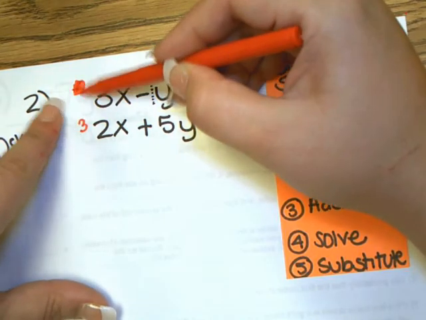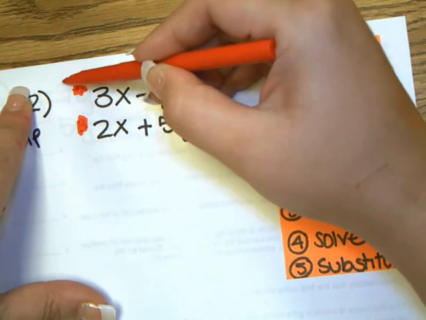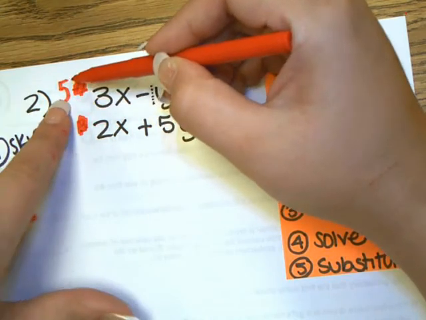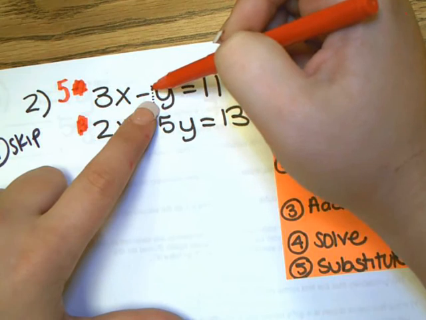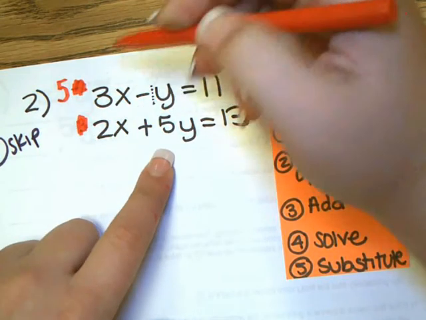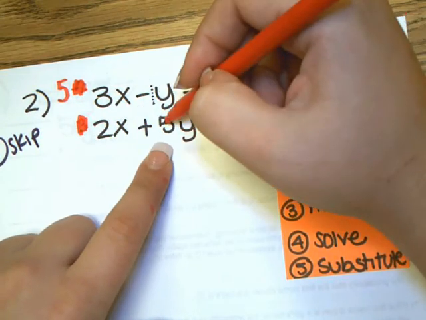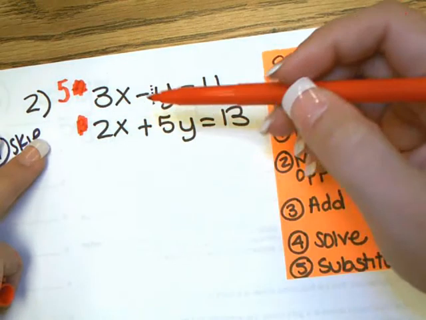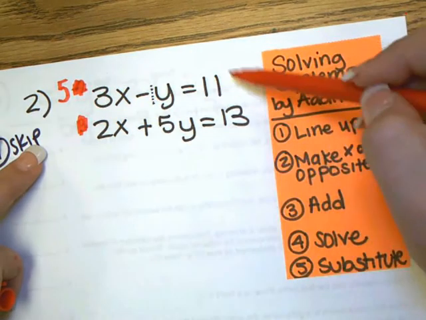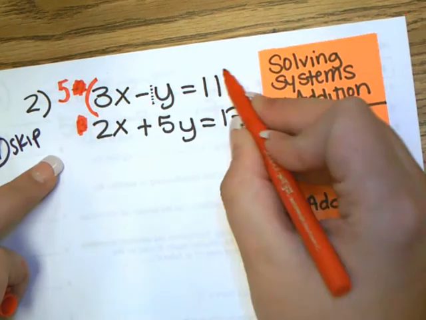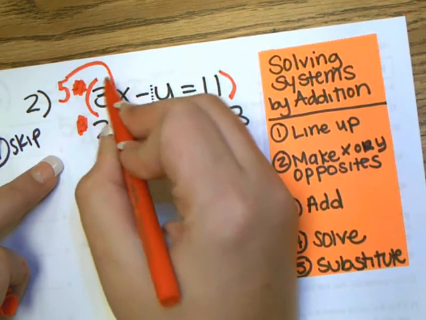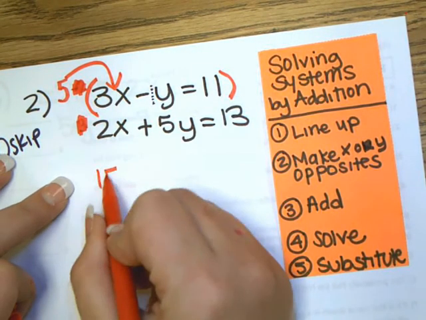Okay, but I prefer to multiply the top instead by 5, because then I'm going to have 5 times negative 1, and that will make it negative 5, and positive 5 here. So this is less work. I don't have to multiply both the equations by a number, only just the top equation.